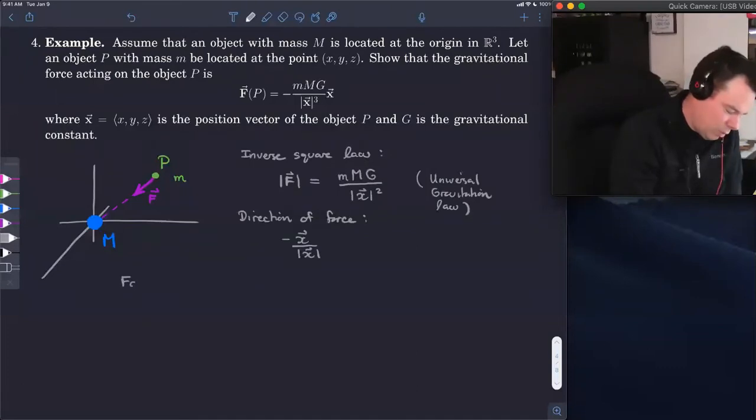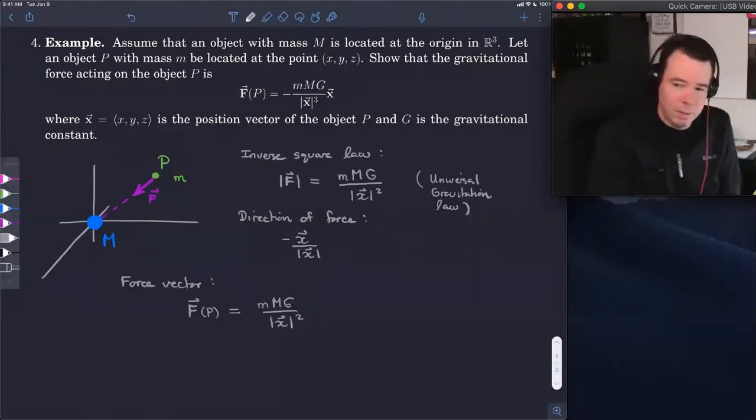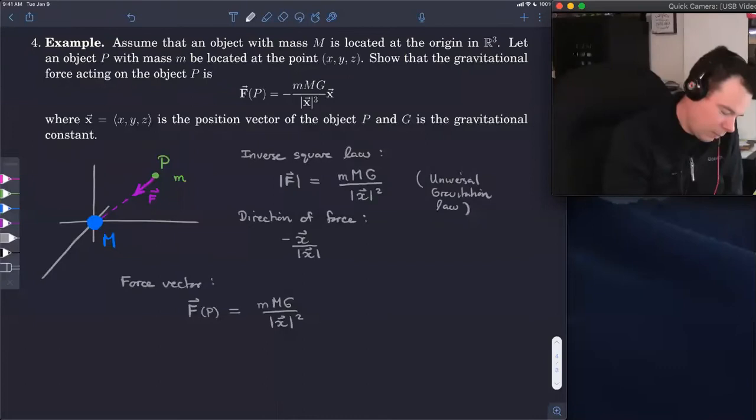So we can put these two things together to get the force vector. The force vector at that point P is given by the magnitude over the square of the distance between them, that's a scalar, times the direction vector.